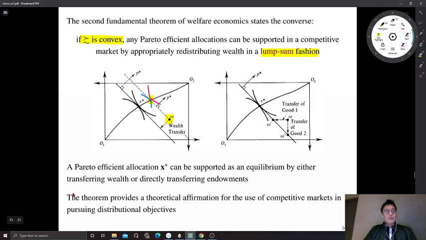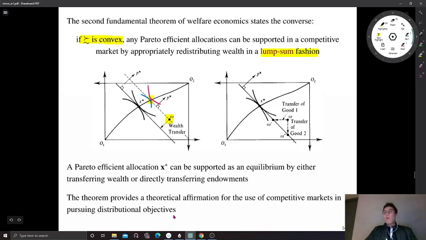So by either transferring wealth or directly transferring endowments, a Pareto efficient allocation, an allocation on the Pareto set, can be supported in the competitive market. So the second theorem provides a theoretical affirmation for the use of competitive markets in pursuing distributional objectives.